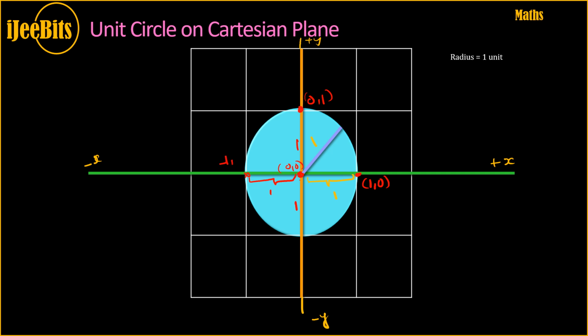Is there any change in the y direction? No. That means this point is minus 1, 0. Look at this point now. I am on the y-axis, so the x coordinate is 0, but the y coordinate is 1 in the negative direction, so minus 1. This is how you can represent it. So how the unit circle should be.